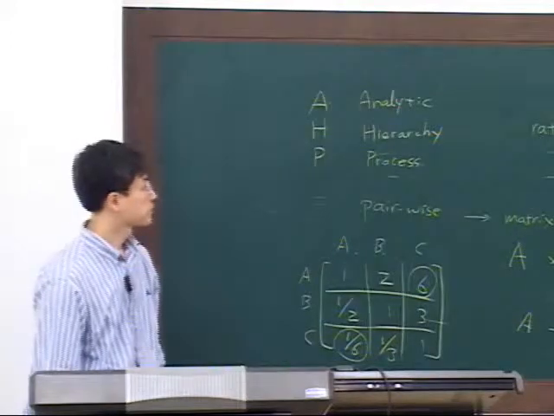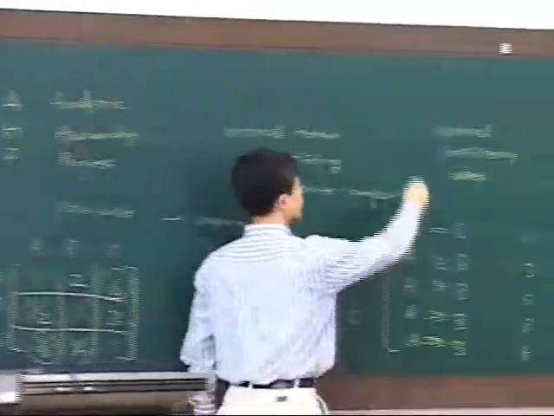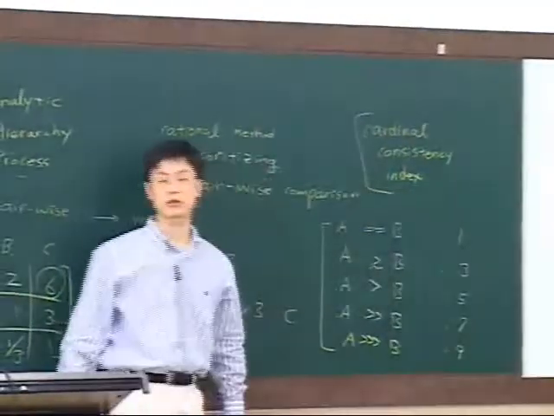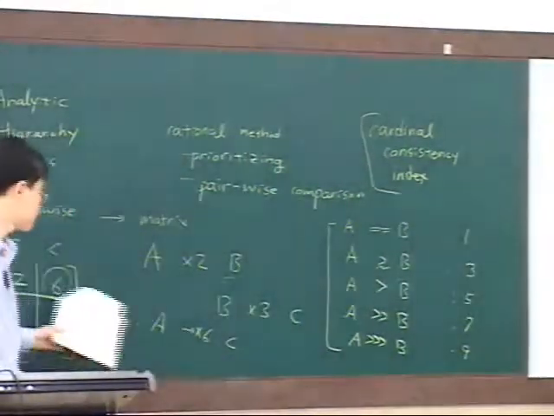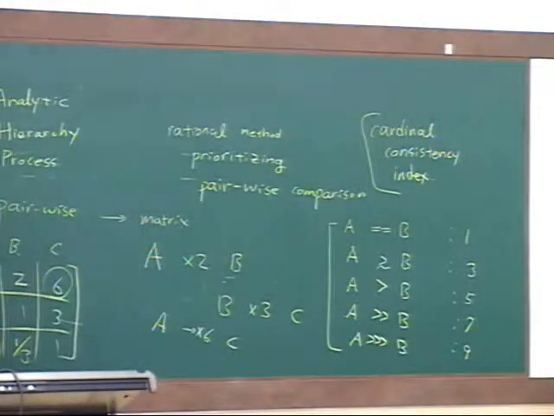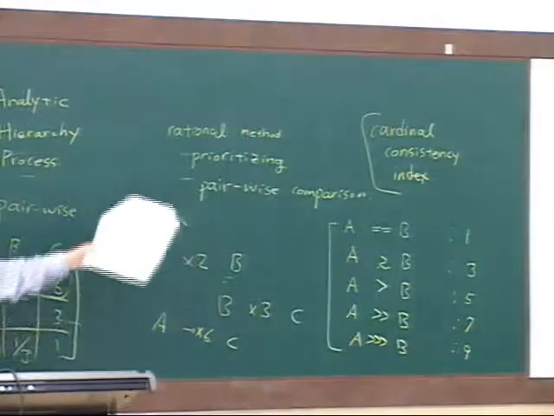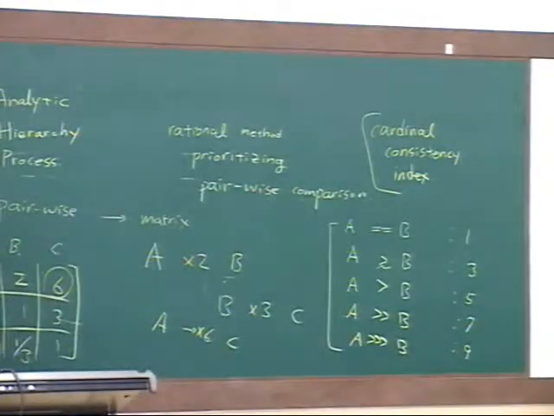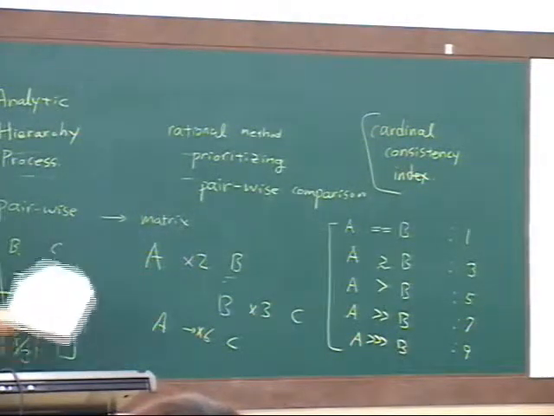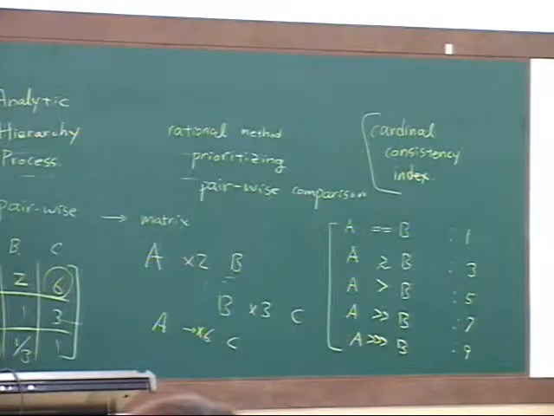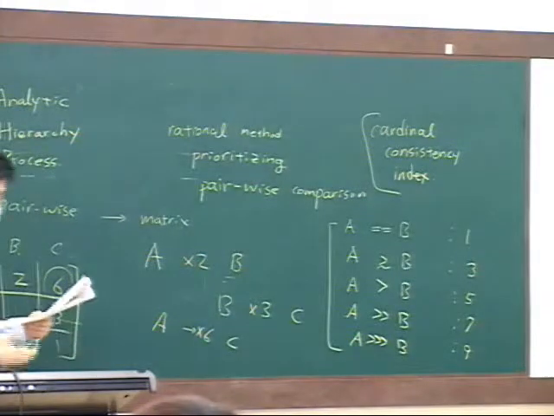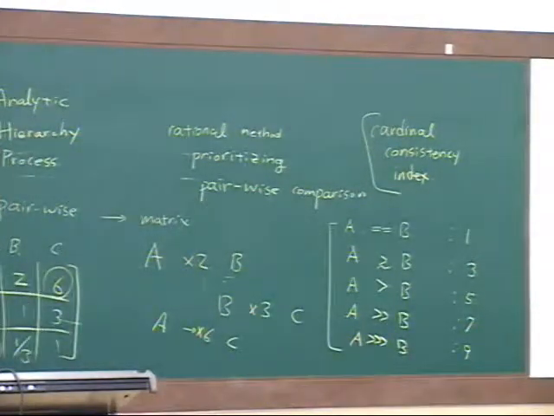Okay, if we calculate this cardinal consistency index based on this matrix, and if it passes this test, then we can conclude that, even though we constructed this matrix by only 2 by 2 comparisons, all this information is logically consistent. Okay? Let's go to the calculation of the cardinal consistency index.